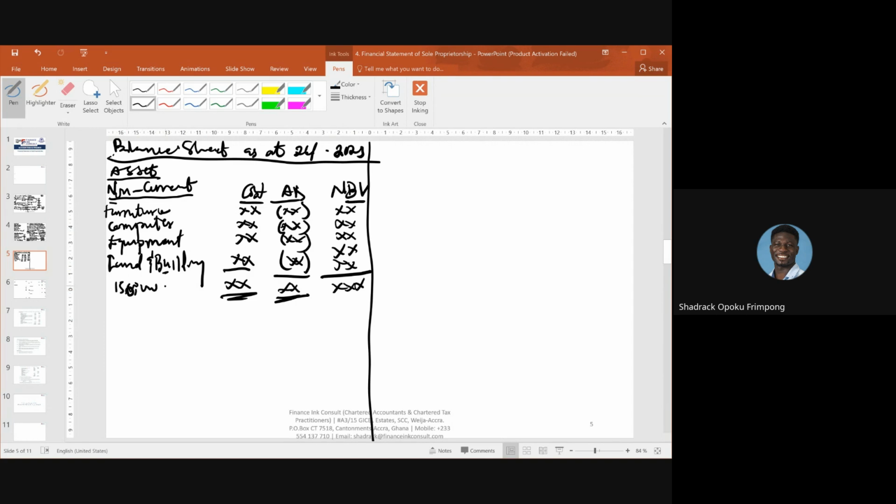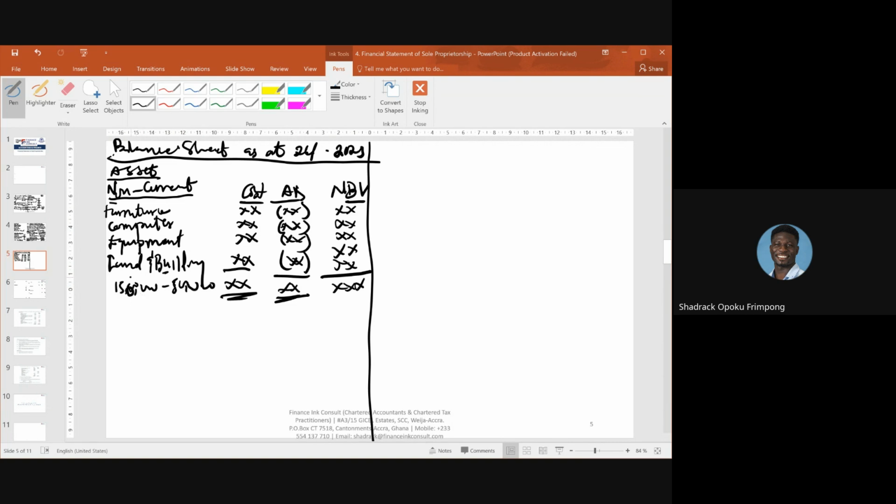Then the examiner will give you a side note that the land component is, let's say, 50,000. So it means you have to deduct the 50,000 from 150,000. Then whatever you get, that is going to be 100,000. You now depreciate the 100,000, right?